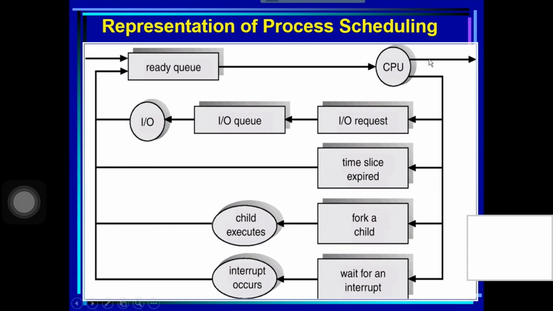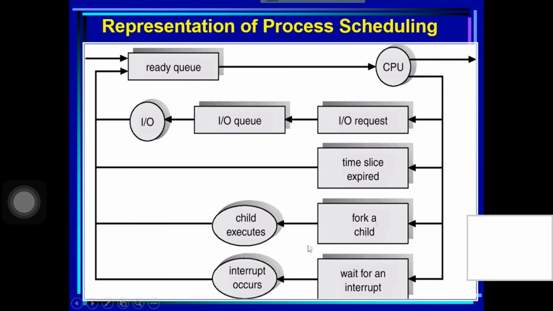In the first two cases, the process eventually switches from the waiting state to the ready state and is then put back in the ready queue. Okay, for I/O, when the I/O operation that the process is waiting for has finished, the process will be put into the ready queue.